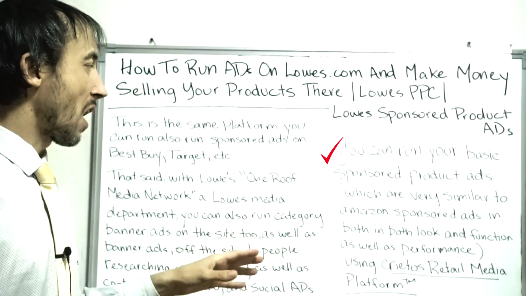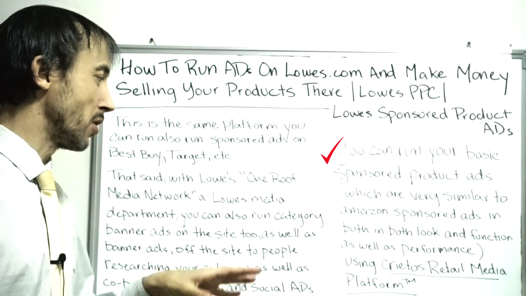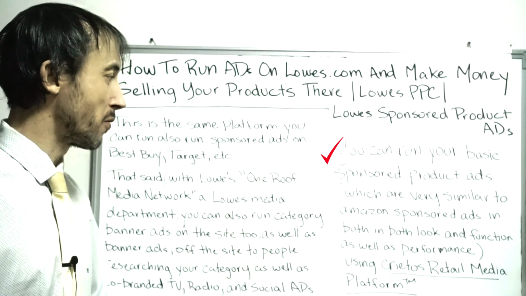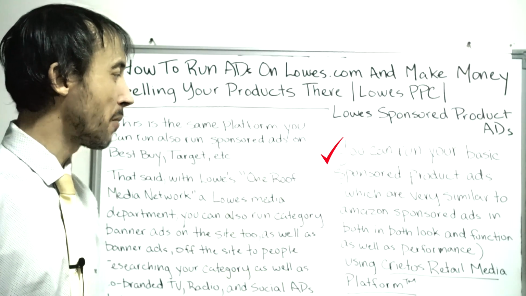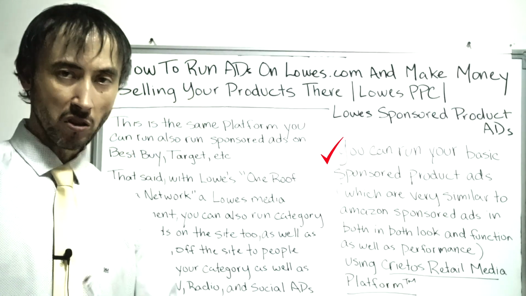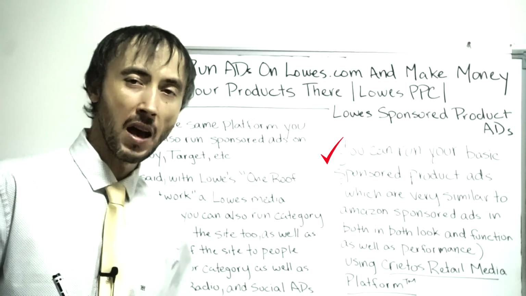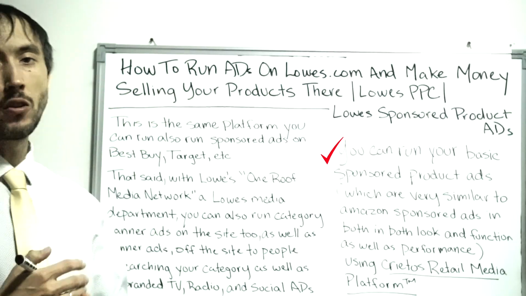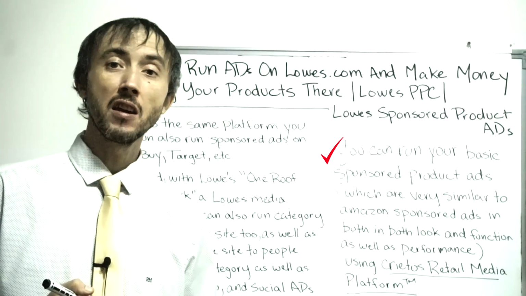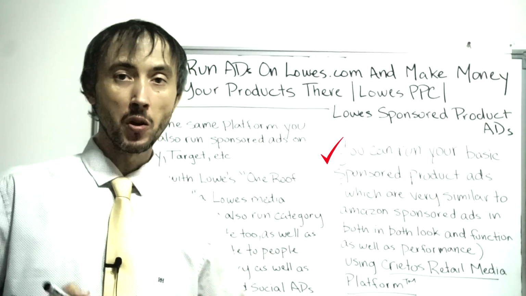For Lowes.com specifically, you run your sponsored product ads once you get your products approved to be listed on Lowes.com through Credo's retail media platform, which is exactly what it's called. You just simply Google Credo's media platform, and then you sign up for that, and then it's just like running ads, let's say on Google, where you're bidding per click.